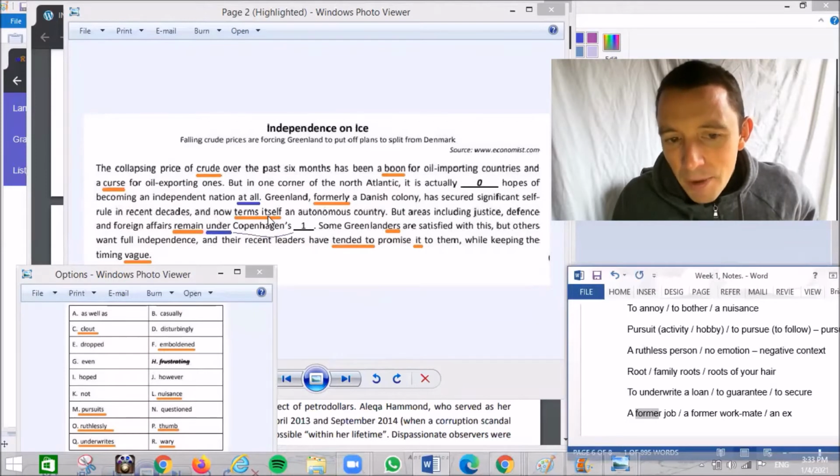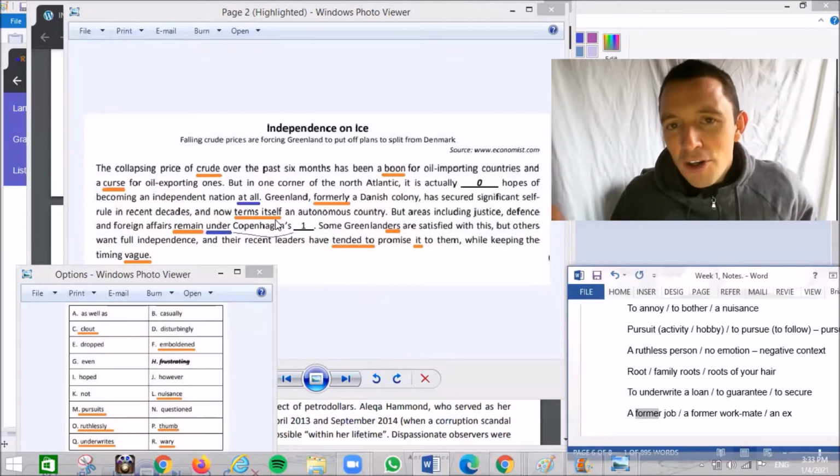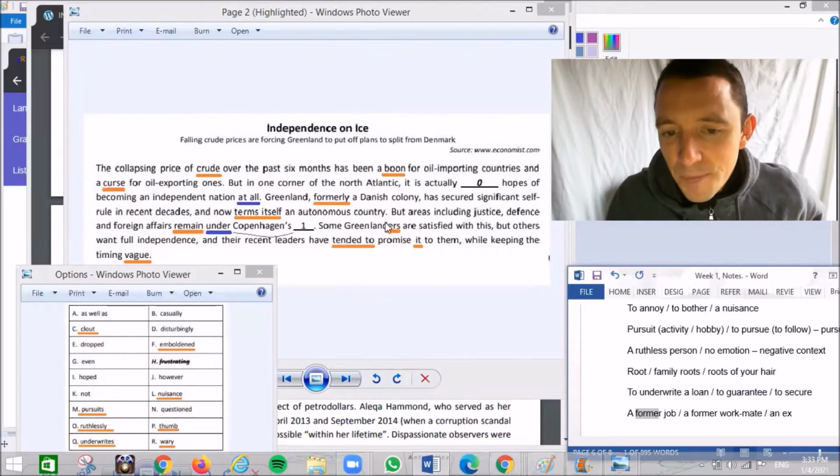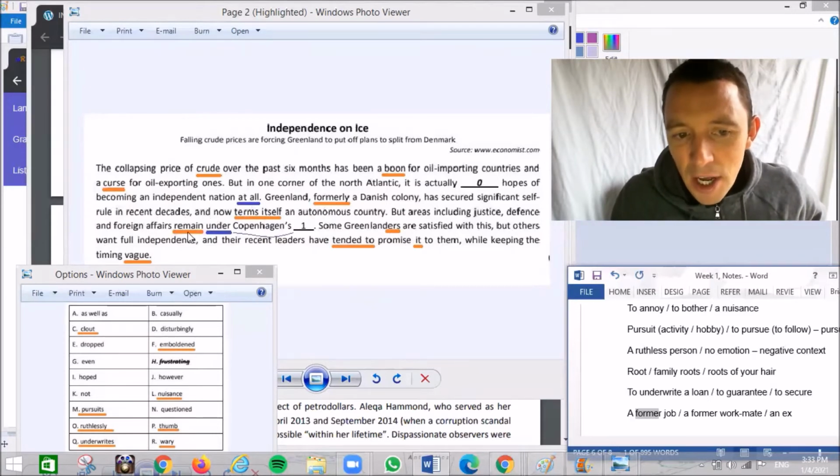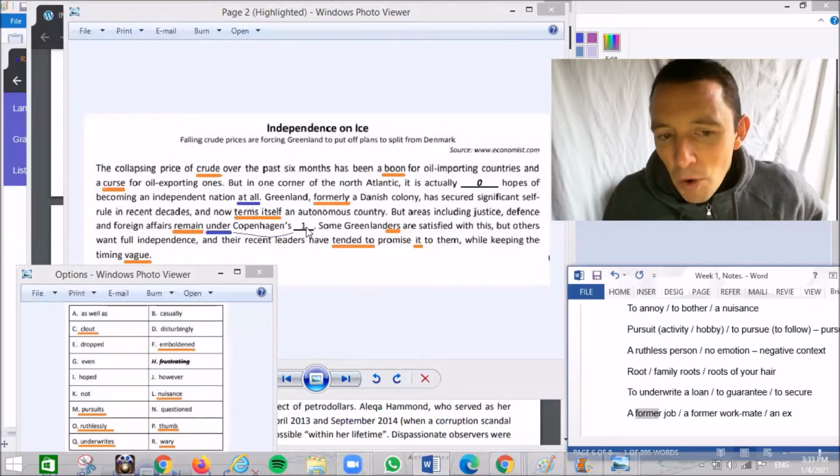itself, good vocabulary like llamar, calls itself, call myself, call yourself, call himself, call herself, but it's the country, so it's it, call itself an autonomous country. But areas including justice, defense, and foreign affairs remain under Copenhagen's. So here is number 1, and the key for me are the 2 words here.